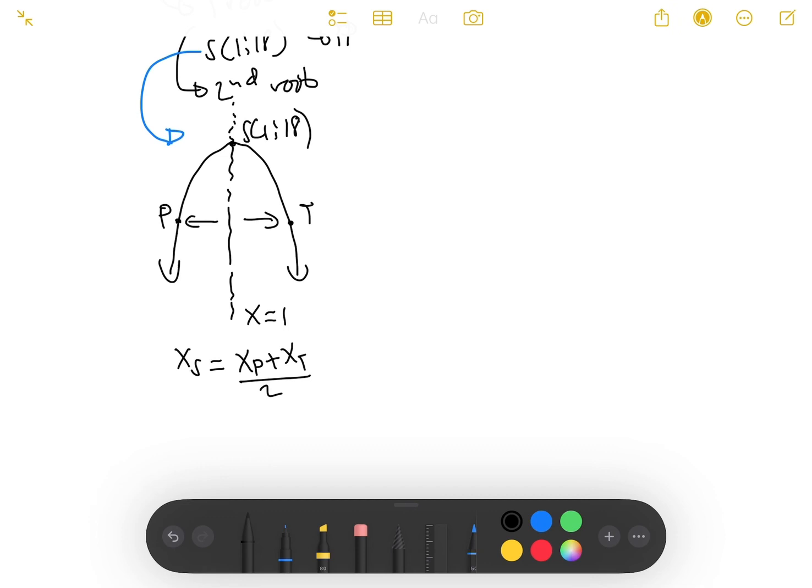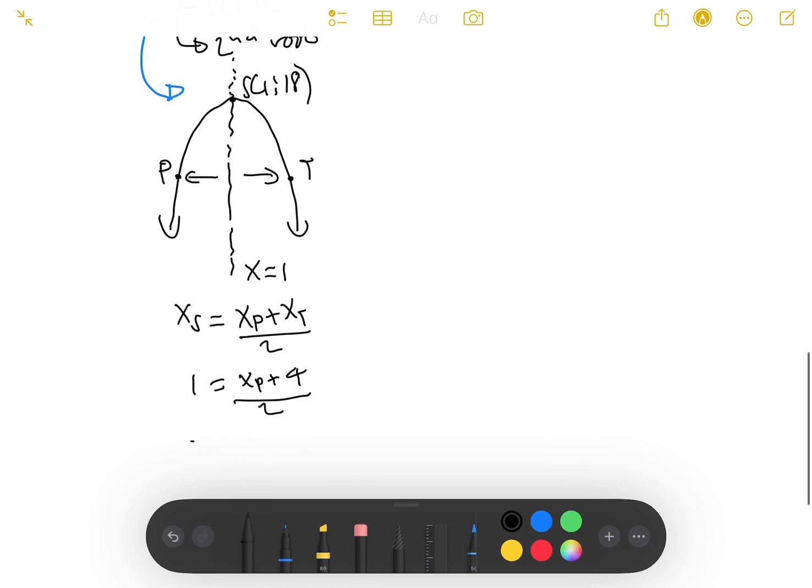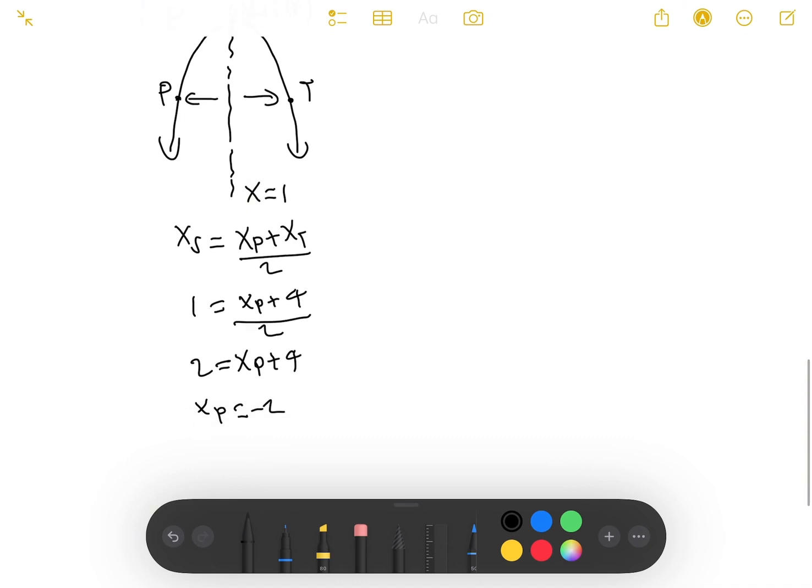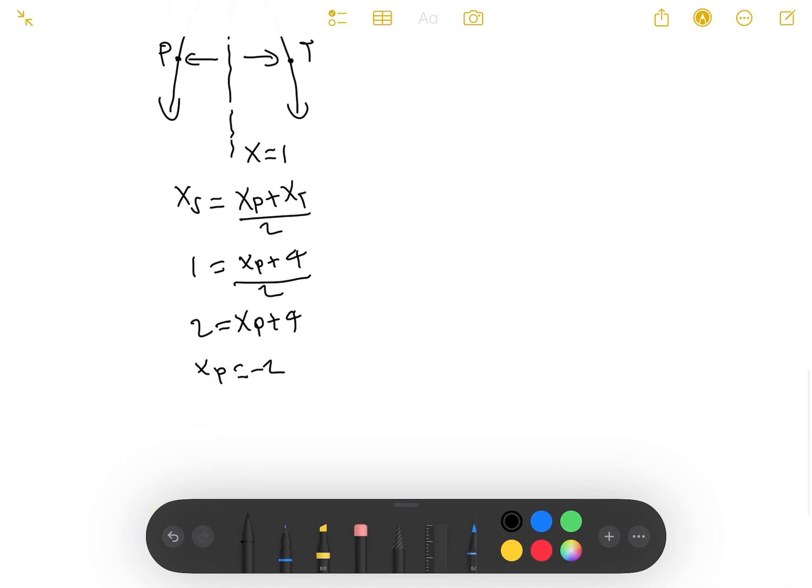Okay, so here we have 1 equals (xp plus 4)/2, and then here we get 2 equals xp plus 4. Therefore xp equals -2. And from that, this is basically our second root that we wanted.